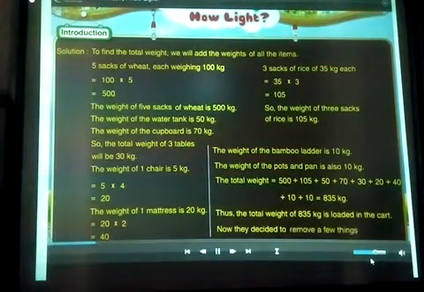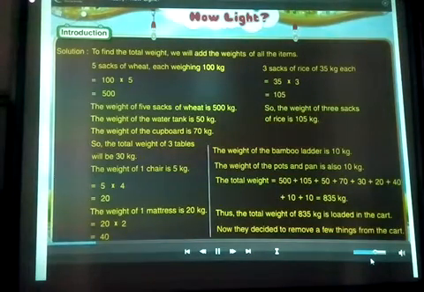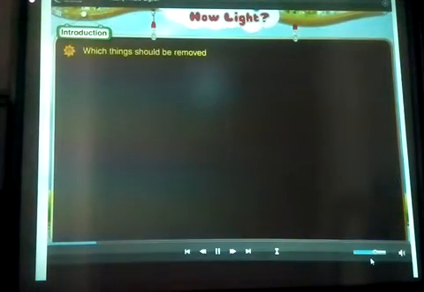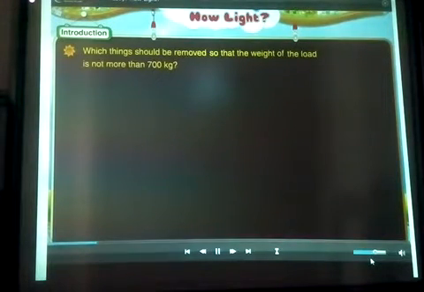Now they decided to remove a few things from the cart. Which things should be removed so that the weight of the load is not more than 700 kg? The total weight is 835 kg. We need to make it 700.